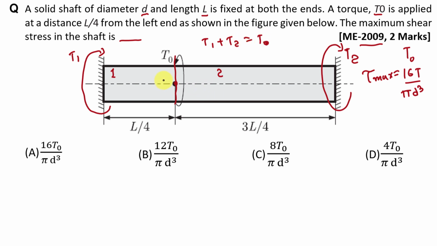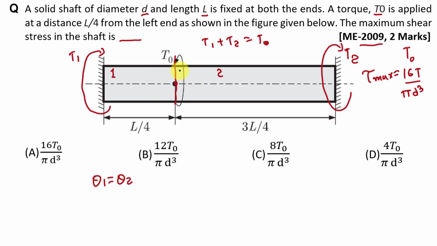Now here we know that value of deflection in shaft 1 and shaft 2 will be same, because value of deflection at this surface will be the value of deflection in shaft 1, and that will be equal as the value of deflection in shaft 2, right? So here we can say that theta 1 is equal to theta 2.